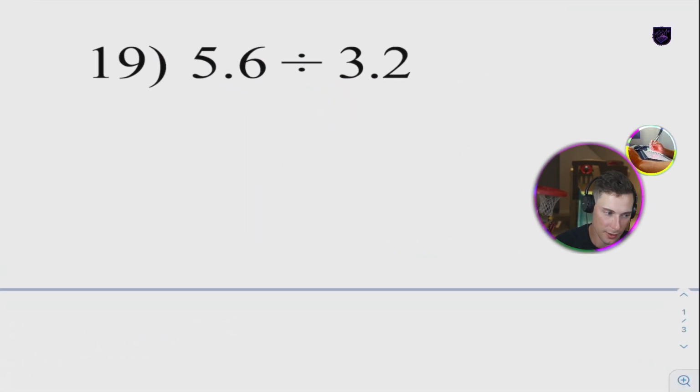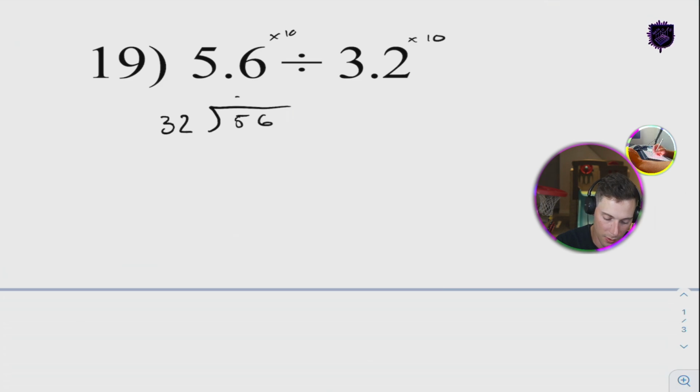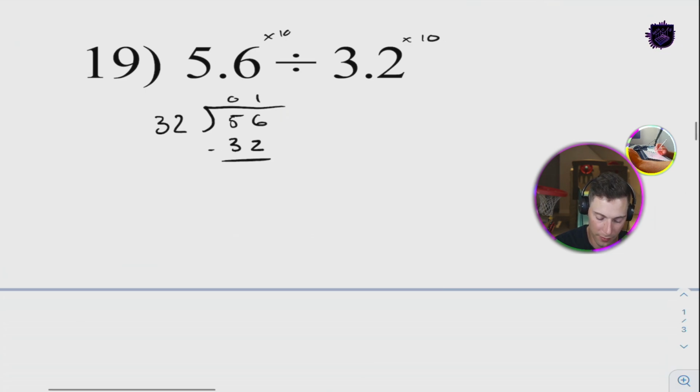Okay, question 19. We're going to go times 10, times 10, and that will make it 32 goes into 56. 1 time 32. It's going to leave a remainder of 24.